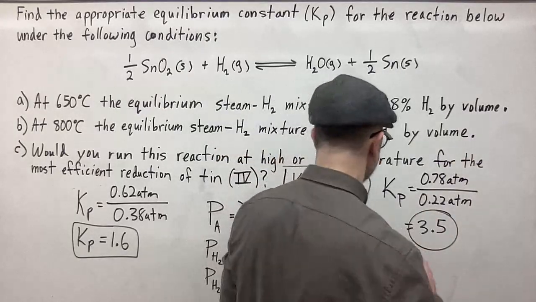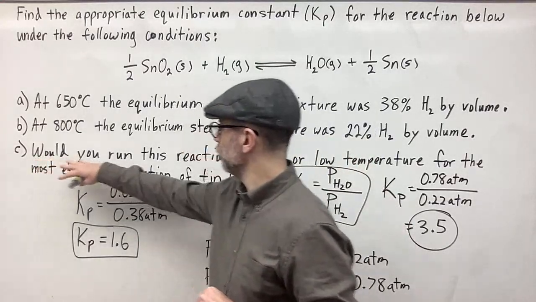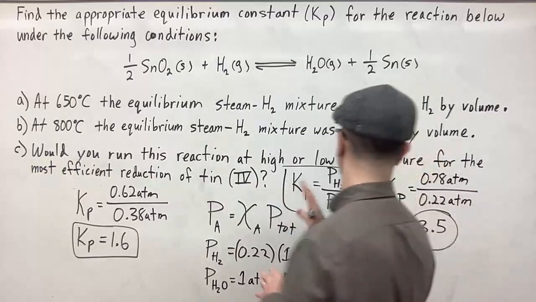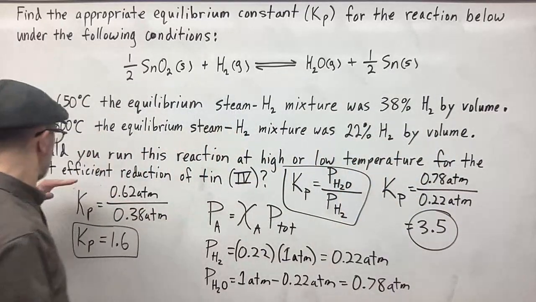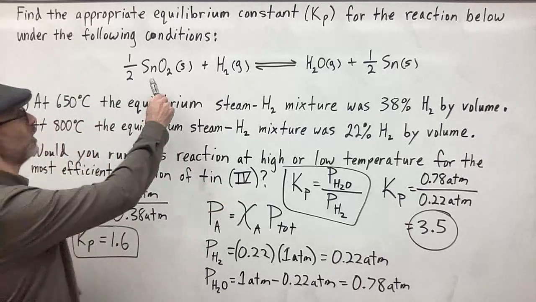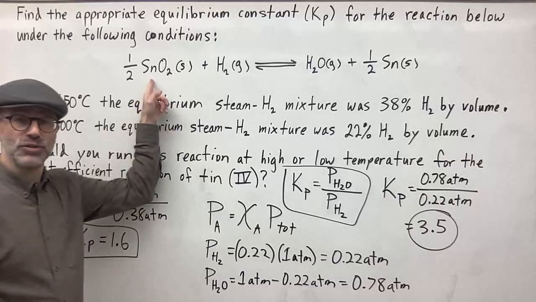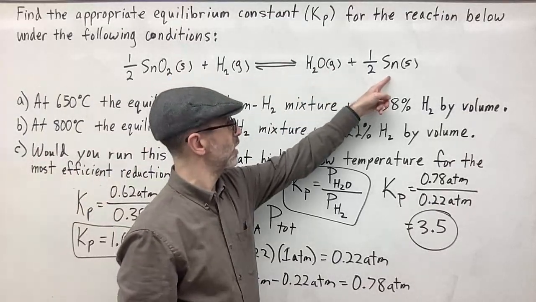And so now we can answer the third question, letter C. Would you run this reaction at high or low temperature for the most efficient reduction of tin 4? So here, this is tin 4 oxide. We want to reduce the tin 4 to tin.